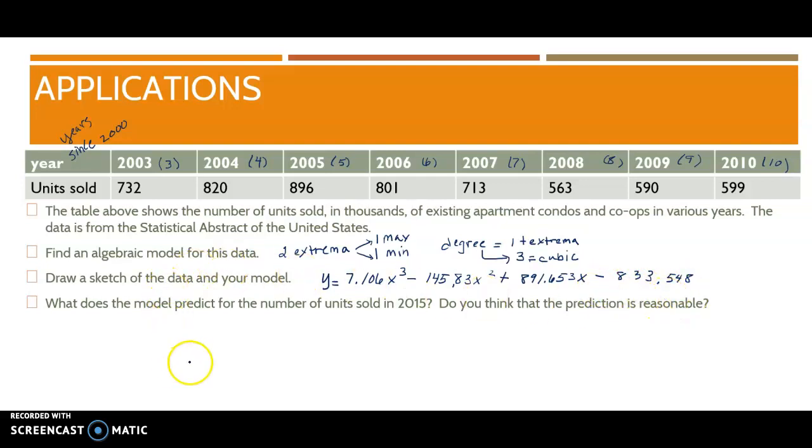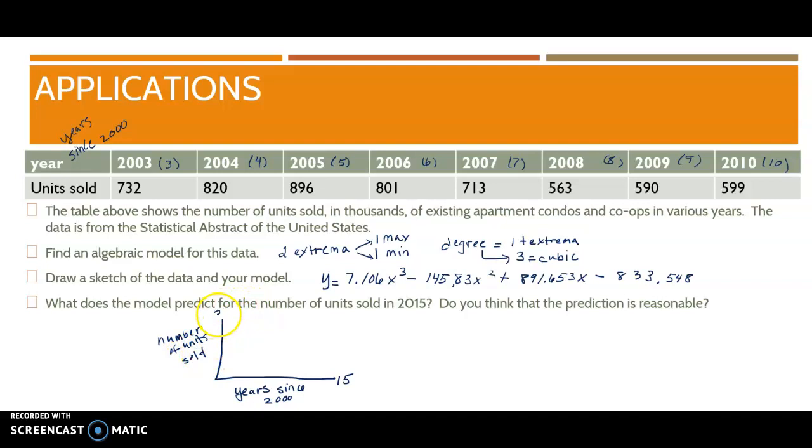Then it asks me to draw a sketch of the data and my model. So here is years since 2000. And we went the whole way out to 2015. And this is the number of units. And those are housing units that were sold.